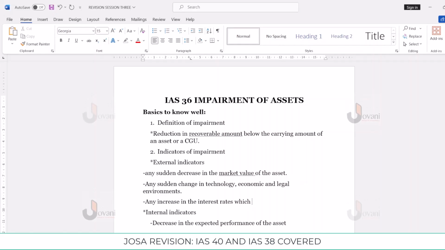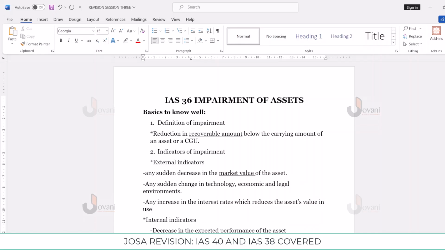It reduces the asset's value in use. And of course, once value in use reduces, what happens? We take an impact on recoverable amount. Is the team getting the point?